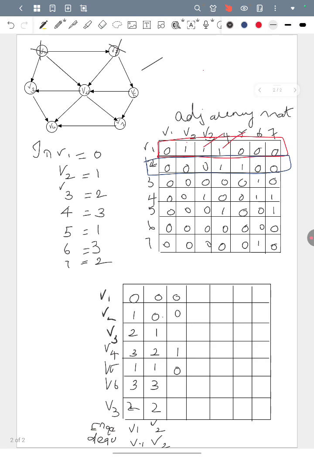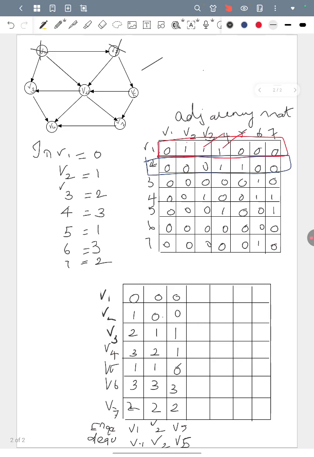Remaining all values you have to put as such. Okay, now see which vertex has 0 in degree if V2 is removed, which is V5. Now we are going to NQ V5 and DQ V5.